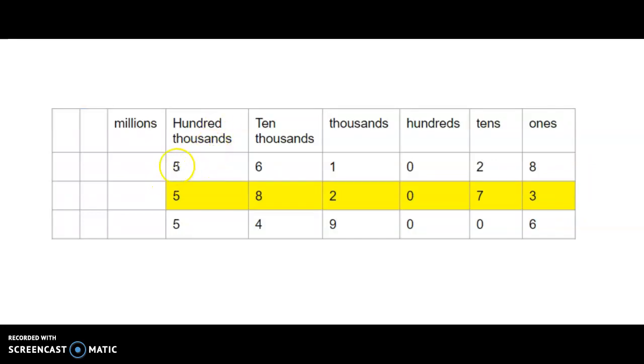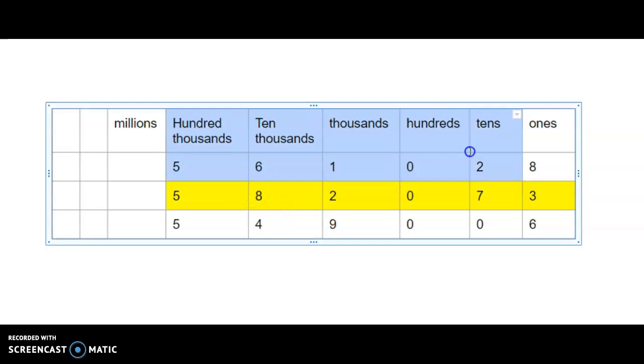Then I have these two numbers left. So I need to find out which one would come next and which one would come last. So I see that they both have 5s. Then if I go to the 10,000s place, I see that one's a 6 and one's a 4. So I know 6 is bigger than 4. So my next one is going to be this one.